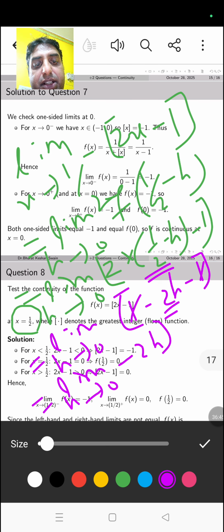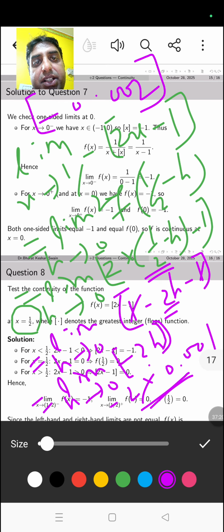Suppose h is very small, 0.001, so minus 2 into 0.001, what will be the result? Minus 0.002, and we have to find the greatest integer of this, so what will be the result? The result will be minus 1. So your left hand limit is minus 1.